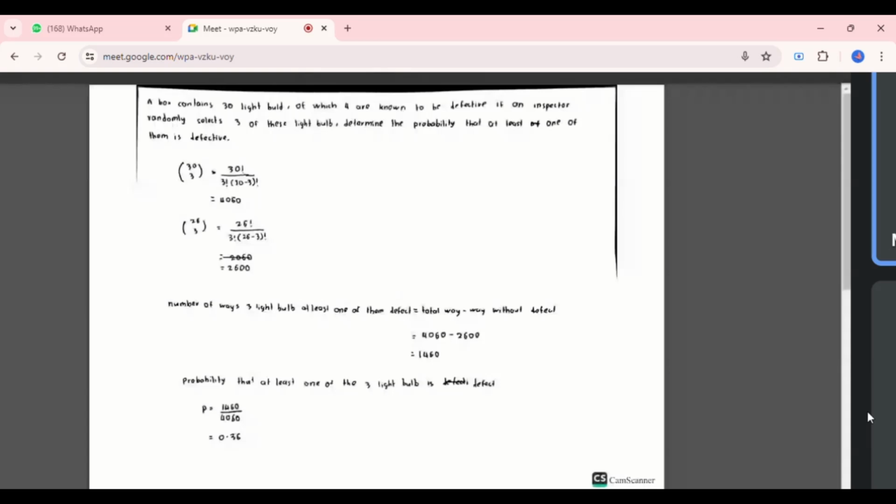So to solve this question, we have 30 light bulbs and 4 defective, and 3 are selected from the box.